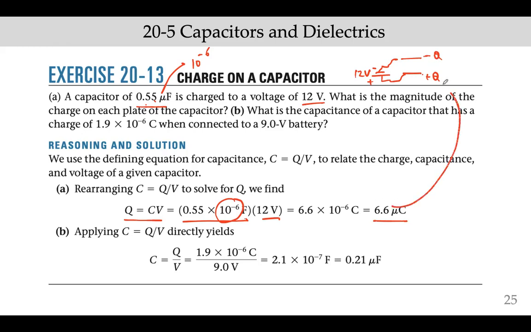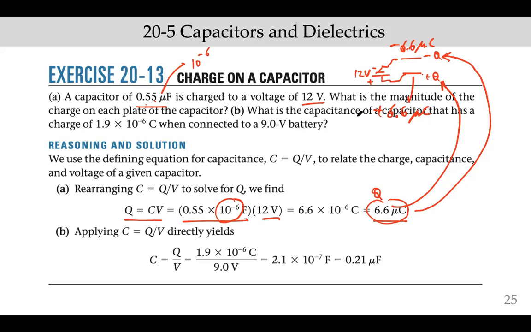So on the positive, we have this much, and on the negative, we have also this much charge. So this amount is Q, not 2Q. So that means we have negative 6.6 microcoulomb on this plate, and on this plate, we have positive 6.6 microcoulomb as well.